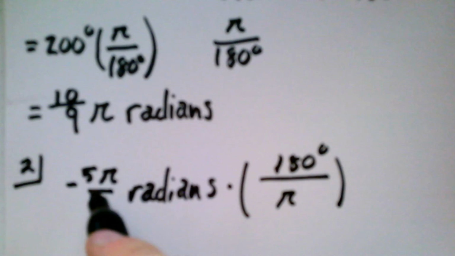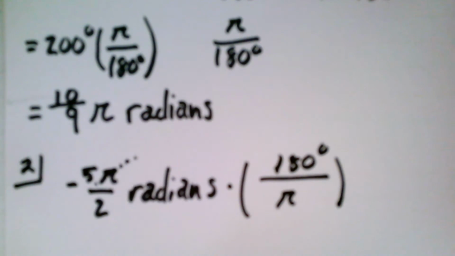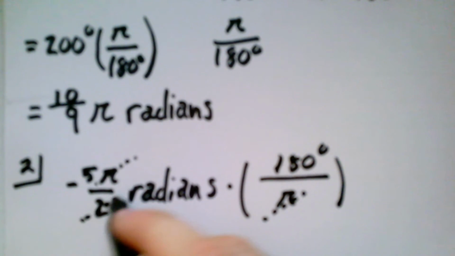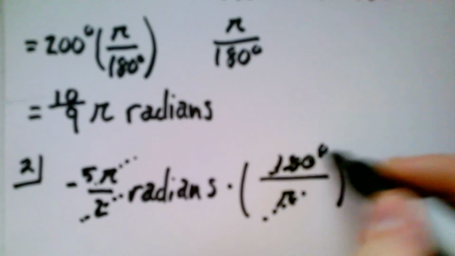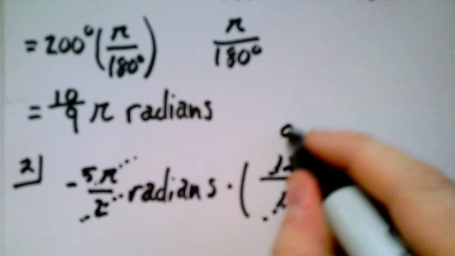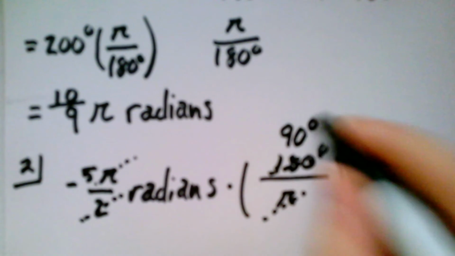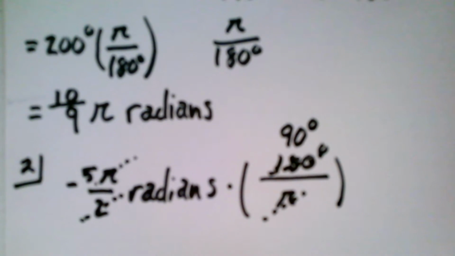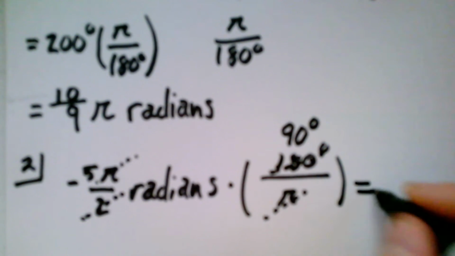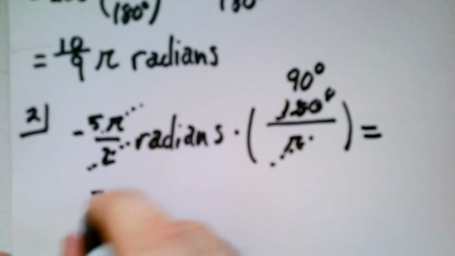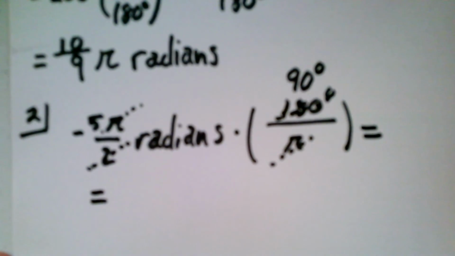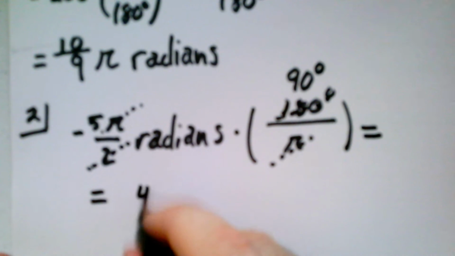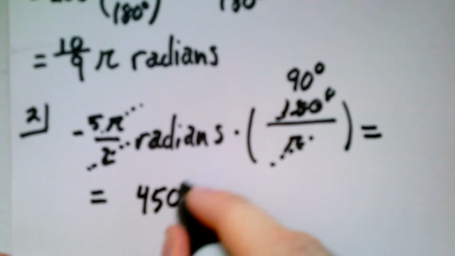So what happens? Well, this pi goes away. This 2 cancels with this 180 to give us 90 degrees. The degrees don't cancel, but the radians will. This is equal to, well, 5 times 90 is 450 degrees.